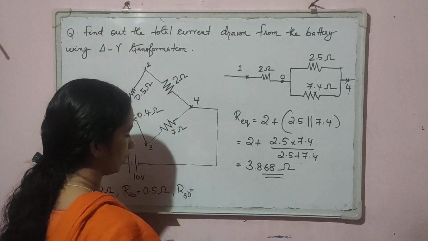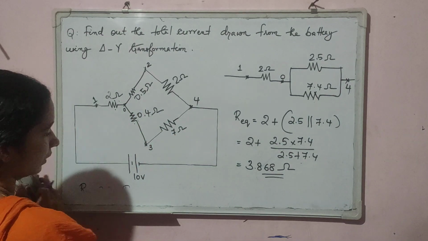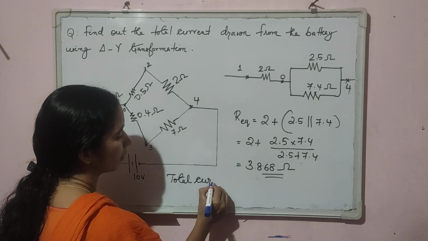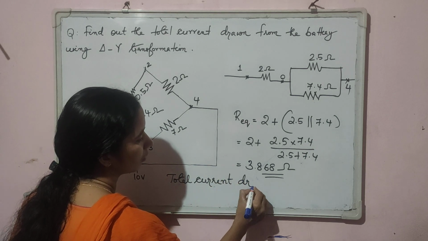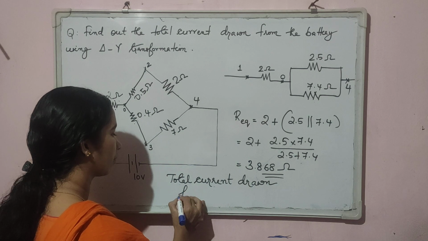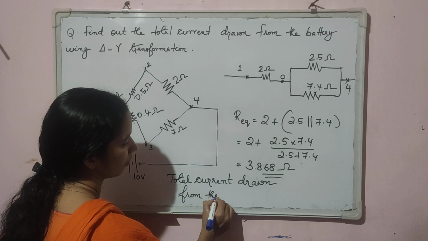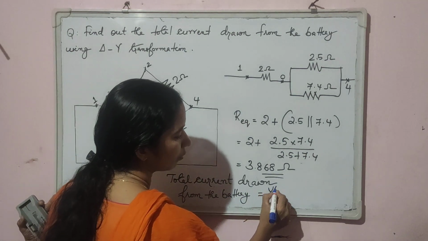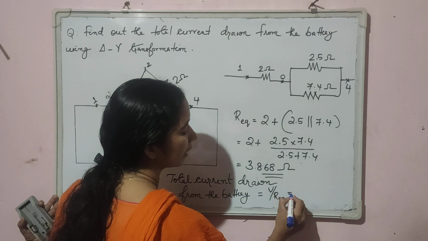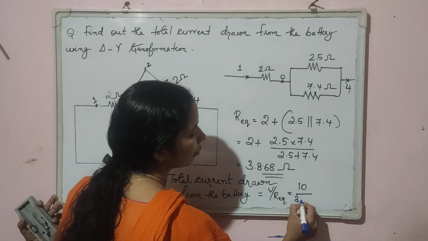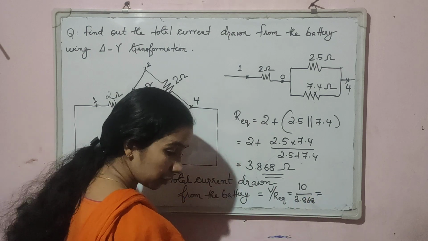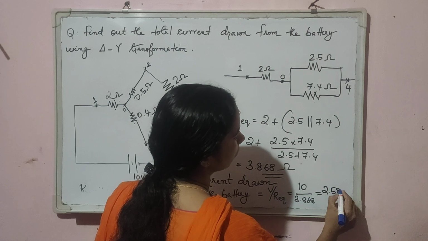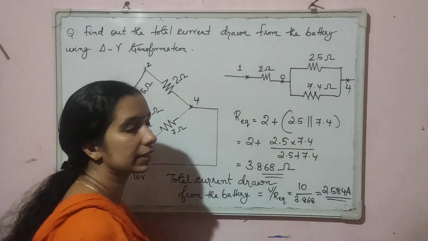That is, the total current drawn from the battery is equal to total voltage divided by the equivalent resistance, that is 10 divided by 3.868, and this will be equal to 2.584 ampere. So this is the answer.